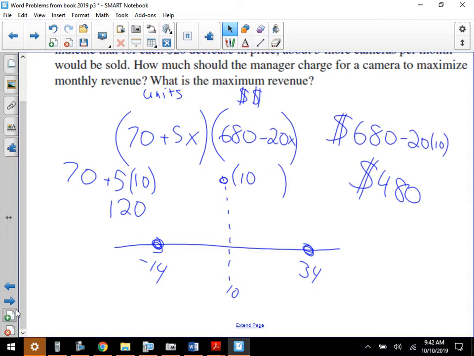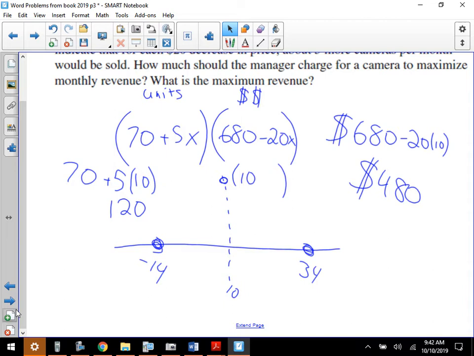The 10? Axis of symmetry. What's happening between negative 14 and 34? So what's negative 14 plus 34? 20. It's negative, that's why. Negative 14 plus 34 is 20.